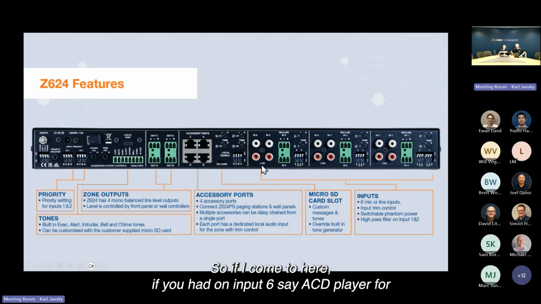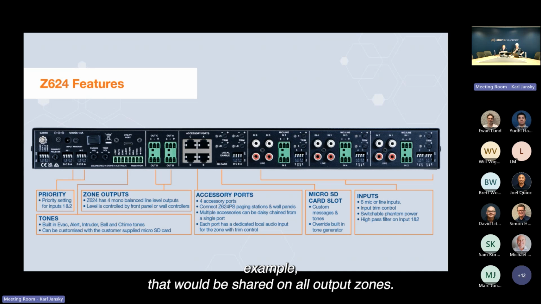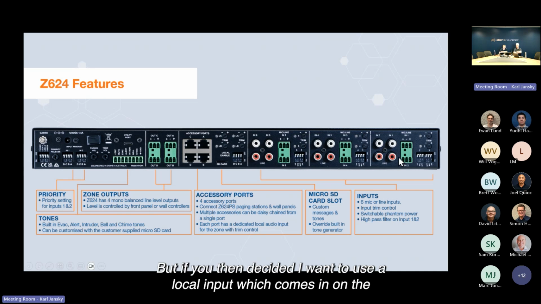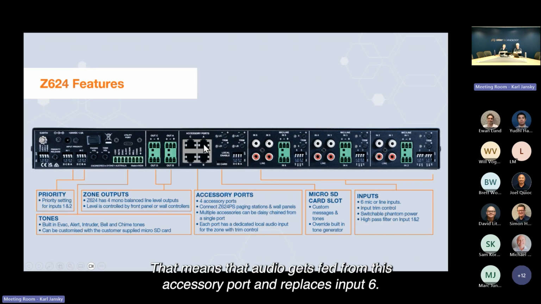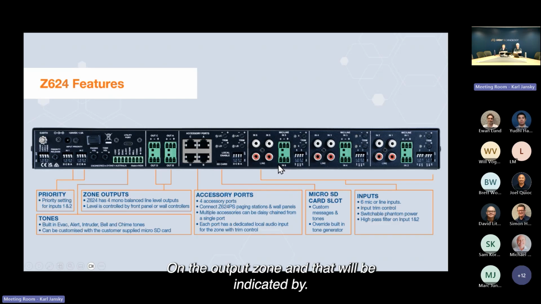So if I come to here, if you had on input 6, say a CD player, for example, that would be shared on all output zones. But if you then decided I want to use a local input, which comes in on the accessory port, you turn the local enable on. That means that audio gets fed from this accessory port and replaces input 6 on that output zone.